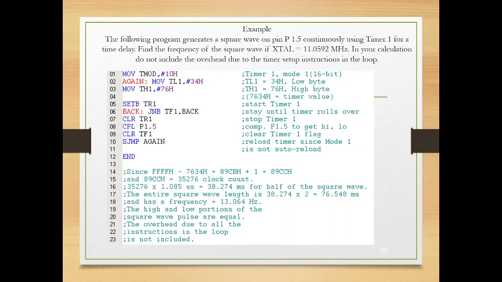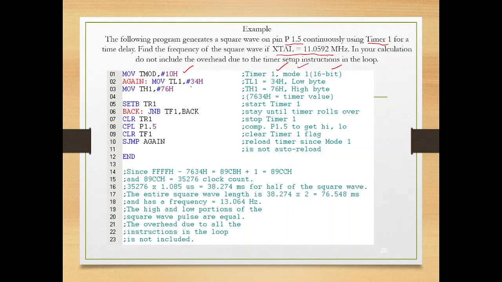And then we have another example where timer 1 is taken. We are particularly measuring the frequency here. The crystal frequency is around 11.0592 megahertz, and for timer 1 we are using P1.5. 10H is taken so that timer 1 in mode 1 is selected for 16-bit counting.